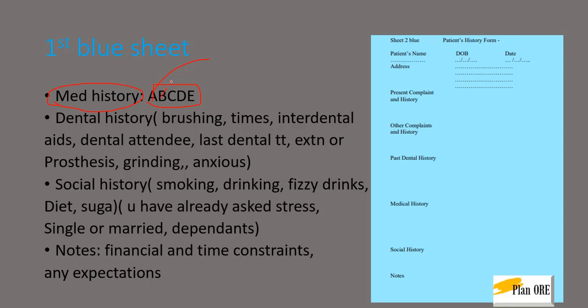A stands for allergies, B stands for bleeding problems, C stands for any chest problems related to breathing or heart, D stands for any drug the patient has ever taken before, E stands for any endocrine problems like diabetes or thyroid, F stands for any fits and faints, that is epileptic attack, G stands for any GIT problems, H stands for any hospitalization in the earlier life, I stands for any infections like HIV, hepatitis B or C.